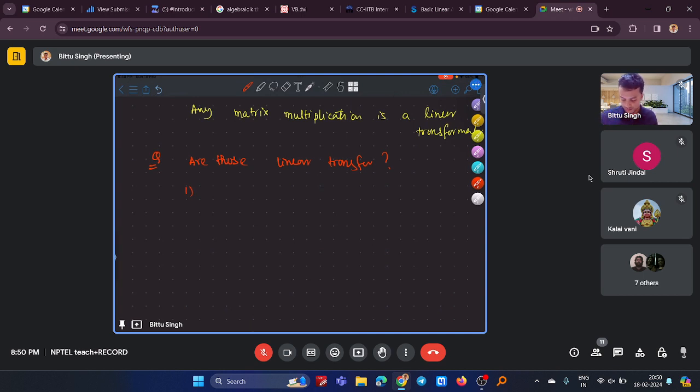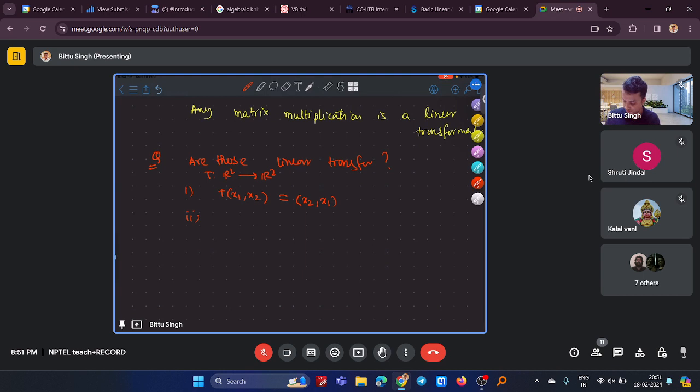So we are considering R2 to R2. T maps R2 to R2. T of x1 x2 is given by reflection, that is x1 goes to x2, x2 goes to x1. Is it a linear transformation or not? What will be the answer?